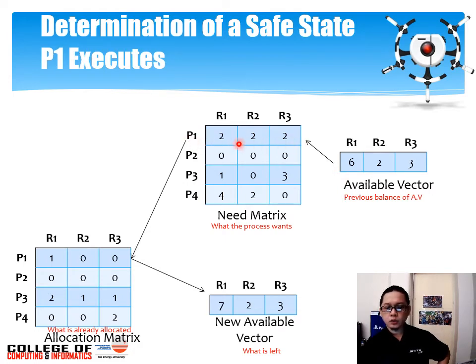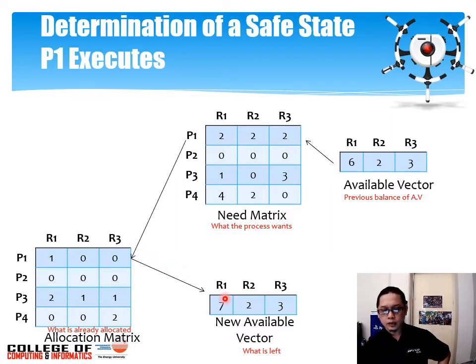Once you choose P1, remember, you need to assume P1 will execute until it finishes. After executing, P1 has this much allocation in the allocation matrix. This much allocation needs to be returned to the new available vector.